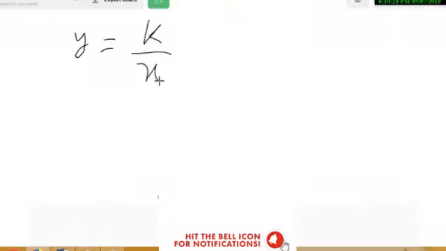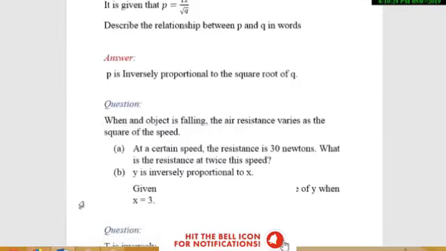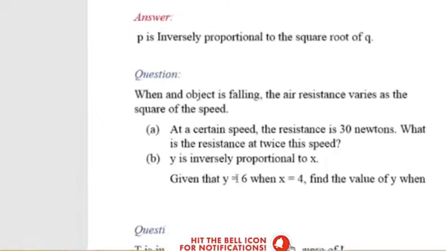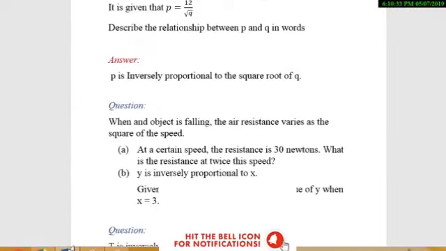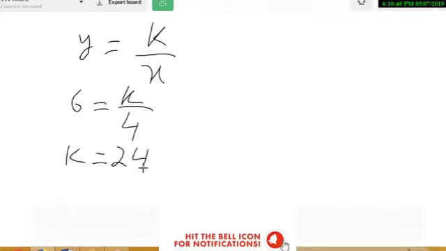In inverse proportion, one variable is always in the denominator. Given that y is 6 and x is 4, so 6 is equal to k over 4. What is k then? k is 24.